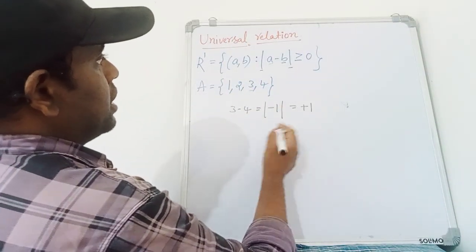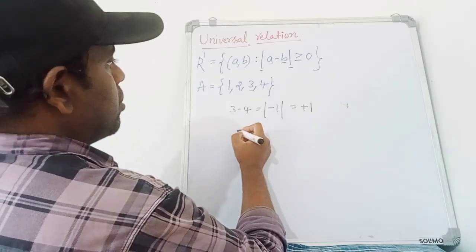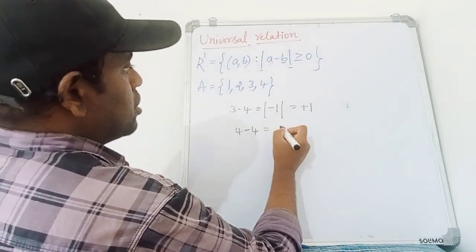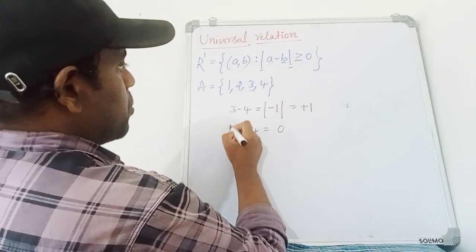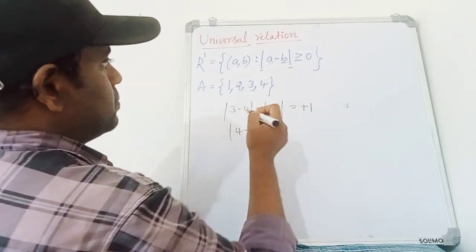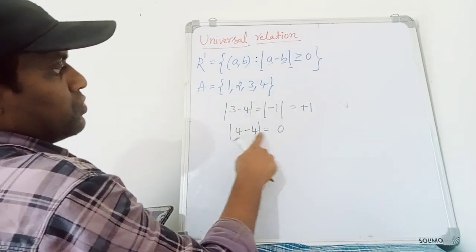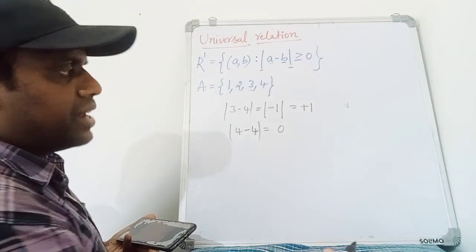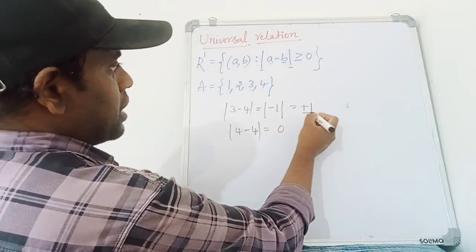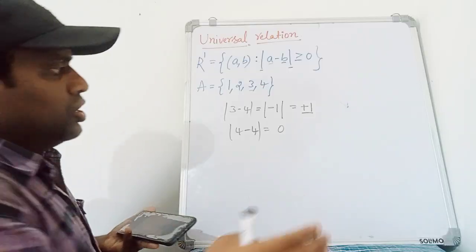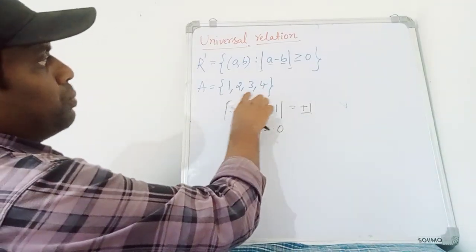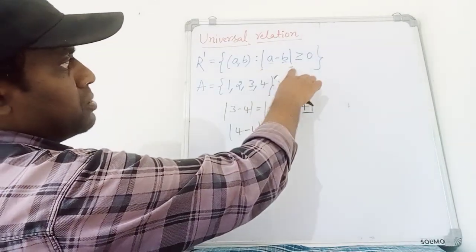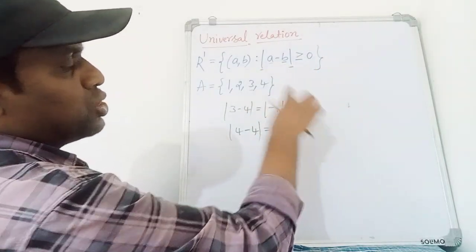Like this, if you take any number, for example for a and b, I will take 4 and 4, then I will get 0 according to the modulus. So 4 minus 4 is 0. If you continue taking any two numbers for a and b and do a minus b, since we have used the modulus symbol, if we get minus also, we get plus only.